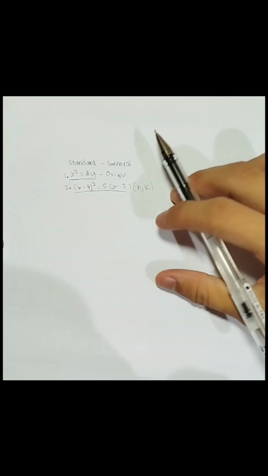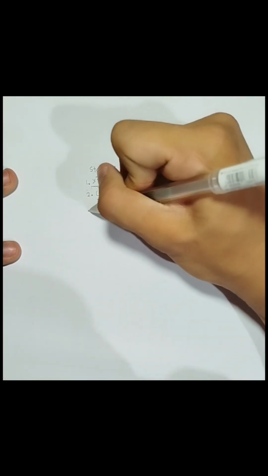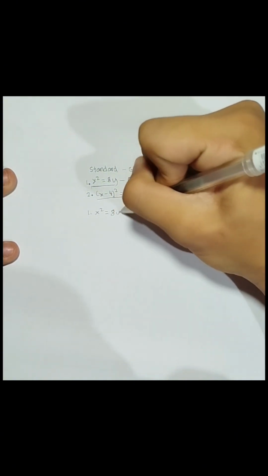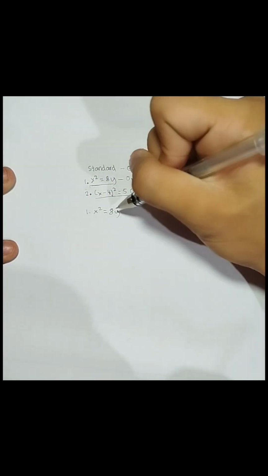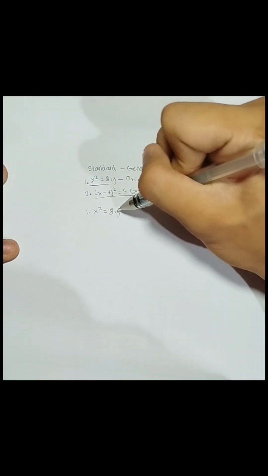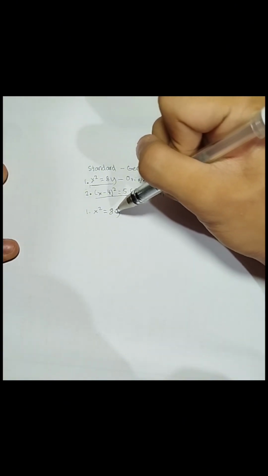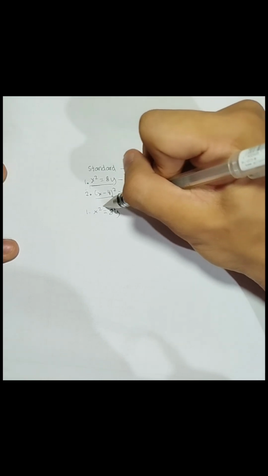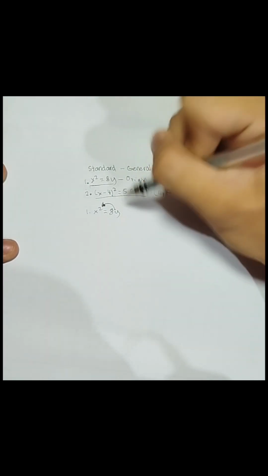First things first, we're going to do number one. Okay, let's go. So number one. As you can see here, x squared equals 8y. So in this equation, all we have to do is transpose this 8y here to make this side 0, because as I've taught you before, the general form is y squared or x squared plus dx plus ey plus f equals 0.